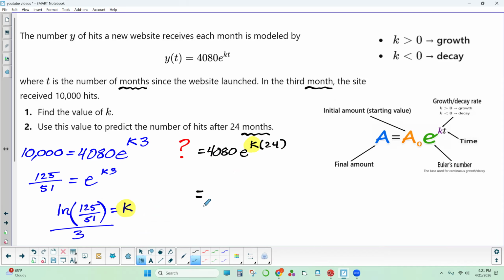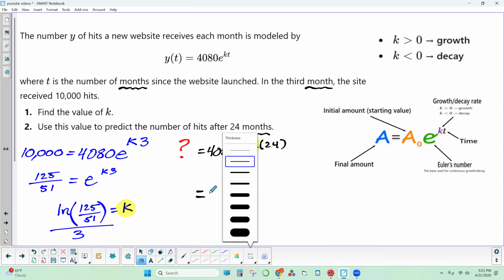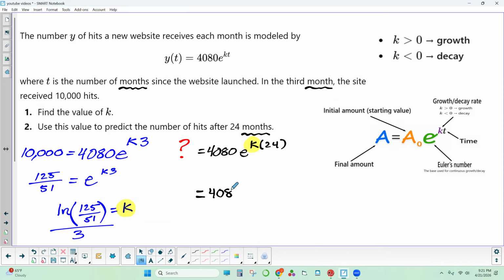So I'm going to rewrite this, and instead of k, I'm going to take all of this and plug it in there.